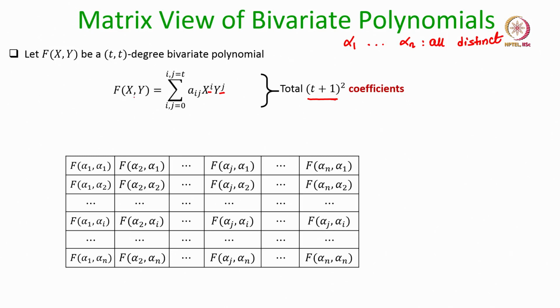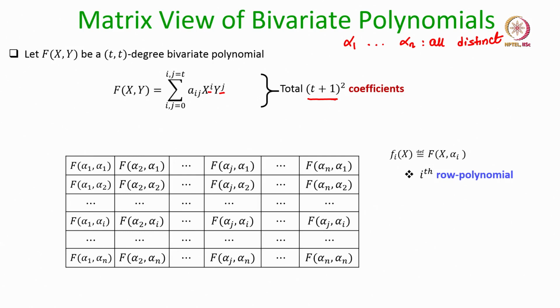Now, imagine you are given n distinct evaluation points alpha 1 to alpha n, all distinct. So, if I evaluate this bivariate polynomial by changing x from alpha 1 to alpha n and y from alpha 1 to alpha n, basically I get a matrix of n cross n values. And why am I calling it a matrix?